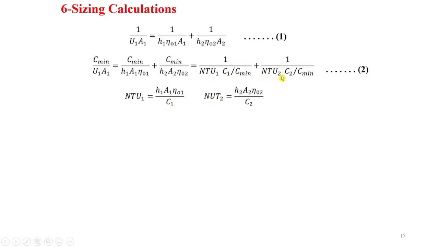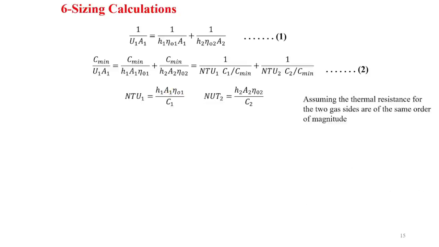So NTU1 and NTU2 are functions of the heat transfer coefficient for that side, either side 1 or side 2. Now, assuming that the resistance of side 1 and the resistance of side 2, since they are both gases, are going to be of the same order, it is as if we are saying that this one and this one are almost the same.